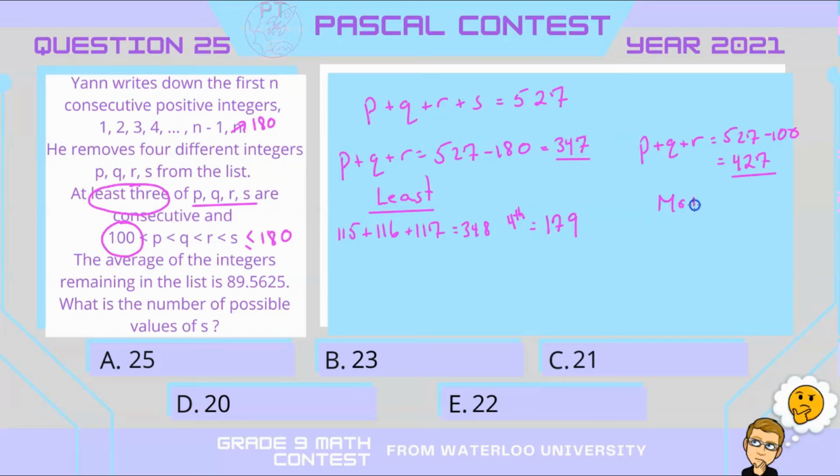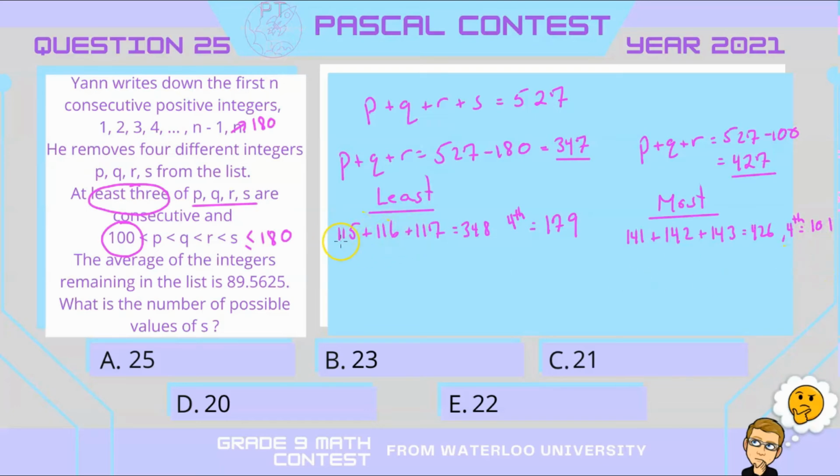Where our greatest values, to add to 427, we would have 141 plus 142 plus 143. That equals 426. That's as close as we can get to 427 without going over. That means the fourth integer would be equal to 101.